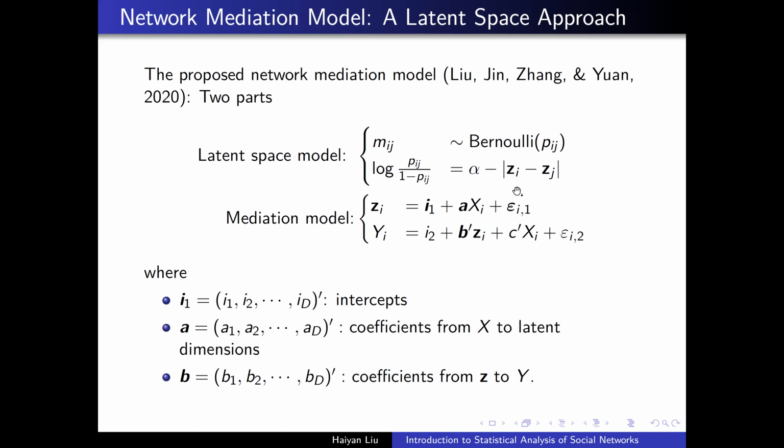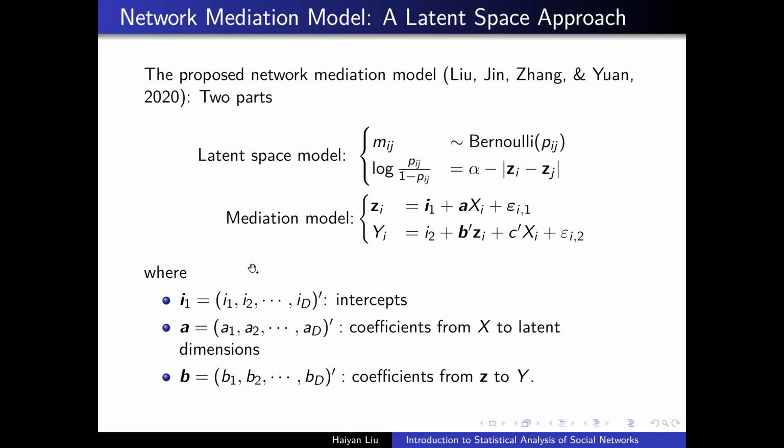In the proposed network mediation model, we have a latent space model, which helps us find a low-dimension representation of a network. So we use Z. And then we have the mediation model with Z as the actual mediator. So those two parts together form the network mediation model.